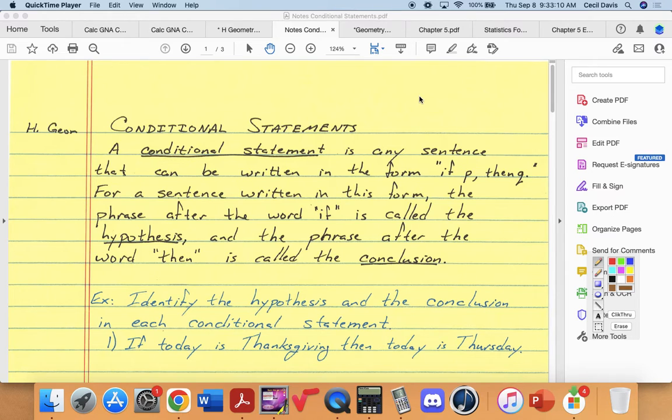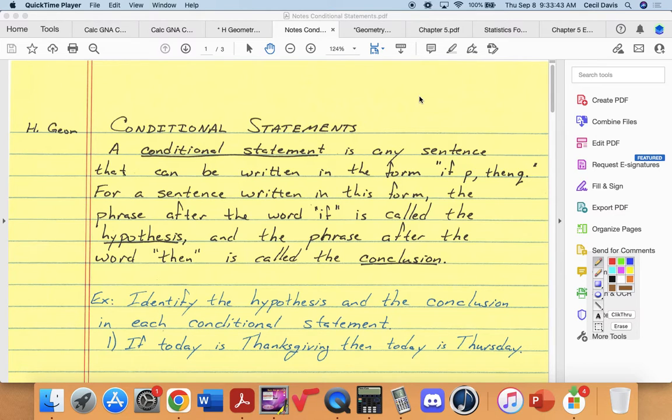They're more of the variety, if it fulfills these conditions by its very existence, then this is also true. I'll give you an example. If two angles are vertical angles, then what do we know about them? They're congruent. If they fulfill the condition of being vertical angles, then they are congruent angles. If they fulfill this first condition, then we know that the second thing is also true.